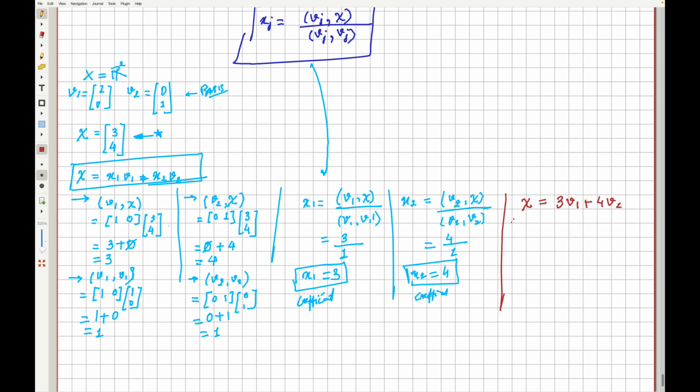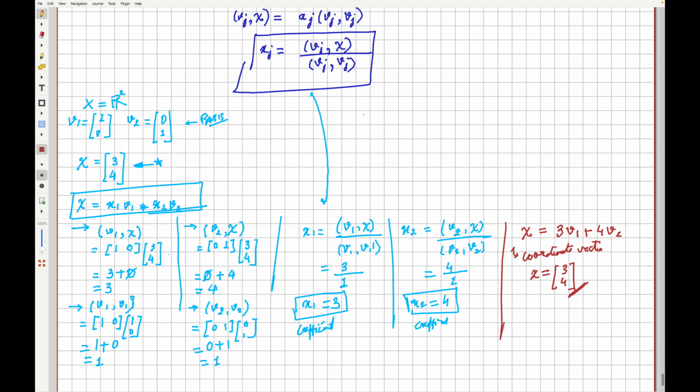That is to say that the coordinate vector x is equal to just 3 4, and that is what we have.